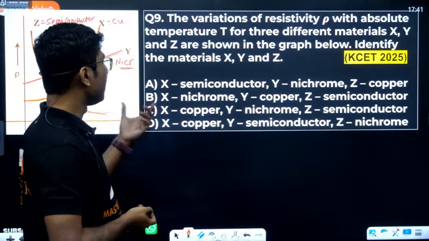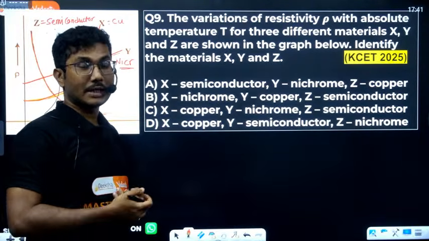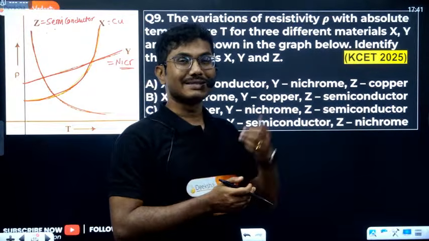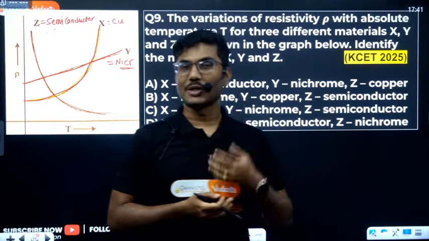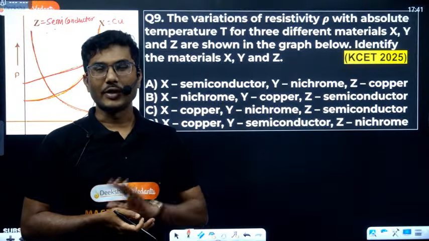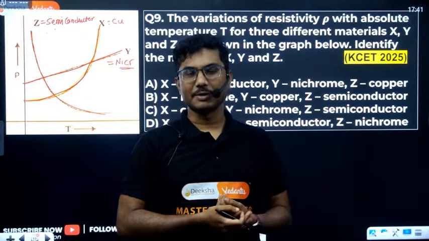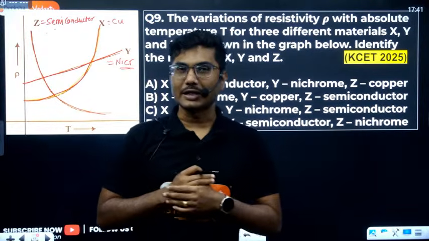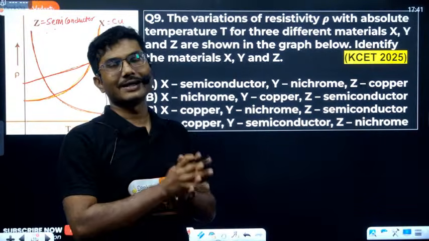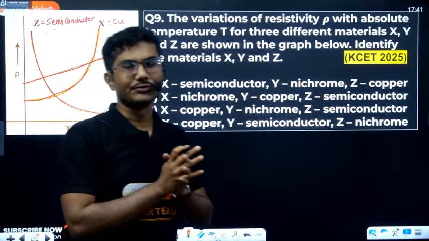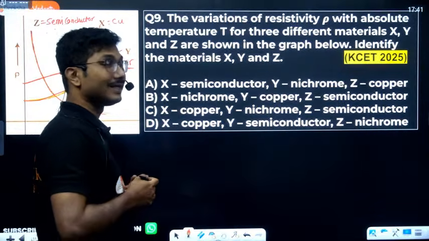Even if the temperature of the room increases, say in the winter time someone performing the experiment at 20 degrees Celsius, and in the summer at 40 degrees Celsius the same experiment is being performed, the result should not vary too much. That's why for standard resistances always alloys are used, nothing else.